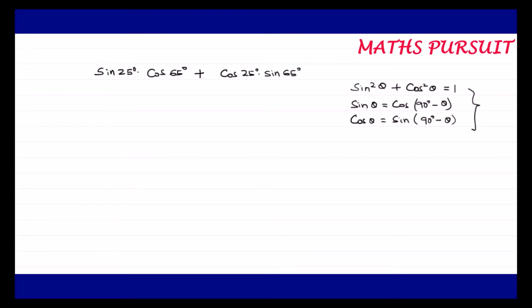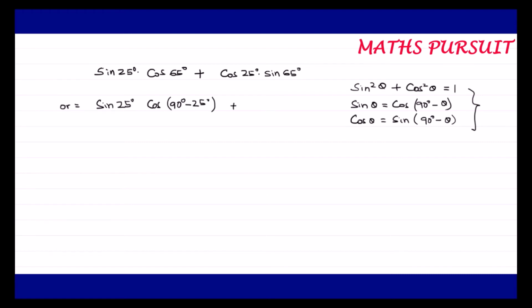I will take the help of these three things and I will solve the given problem. Now here it is sine 25 degree. I will keep that one as it is, sine 25 degree. I will not do anything, I will keep it untouched. And cos 65 degree, I can write cos of 90 degree minus 25 degree. That is nothing wrong, same 65 degree.